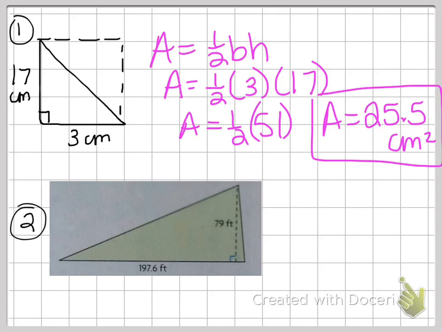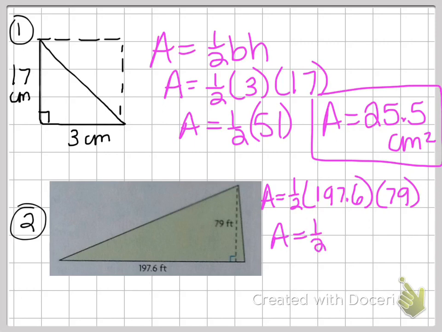All right, next one. Area equals half base times height. Our height is 79, so area equals half times base, 197 points. Oops, I'm running out of room. All right, and what lovely numbers to be working with.